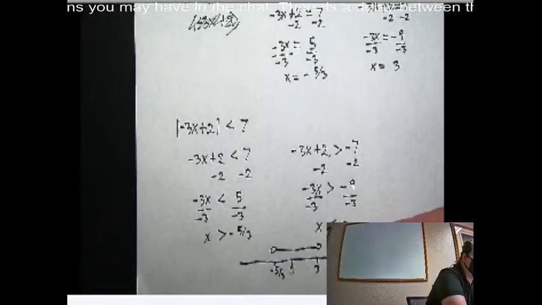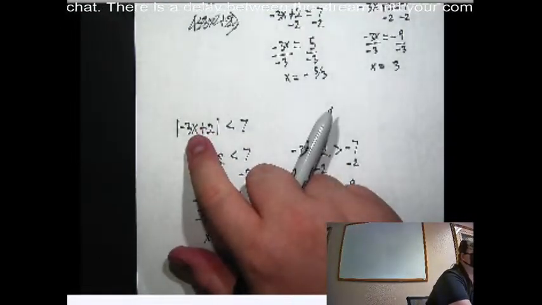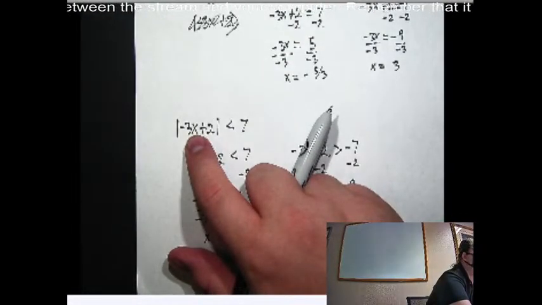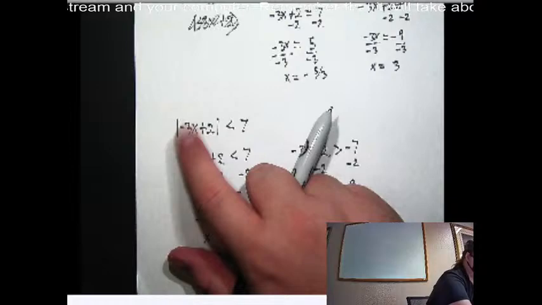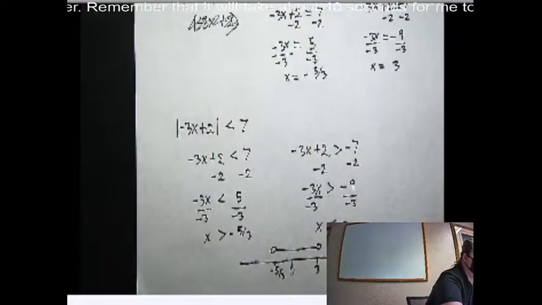Okay, let's choose one that's outside. Something like 4. 4 in for x. So negative 3 times 4? Negative 12 plus 2? Is what? Negative 10.